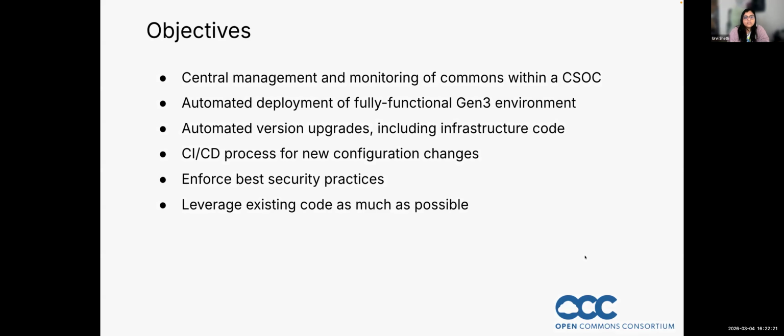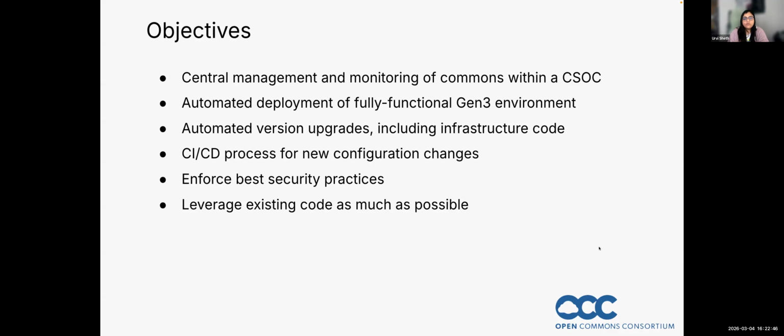The main objective we are trying to achieve in our CSOC is to have a central, streamlined way to manage and monitor multiple data commons. At the same time, we want to automate the deployment of a fully functional Gen3 environment, handle version upgrades smoothly, include infrastructure code, and implement CI/CD for any new configuration changes.